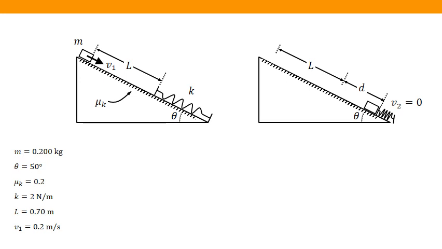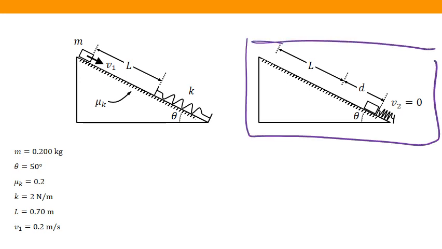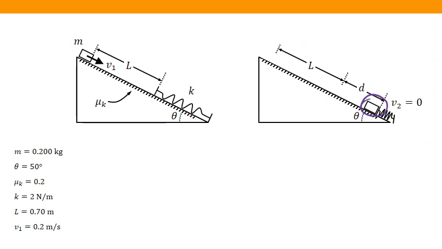I also drew a second picture so that I could get everything clear in my mind. And you can see I've drawn it again where now the block is down the ramp and my spring is compressed, and my distance of compression I've marked as D, and this is the thing I want to know.